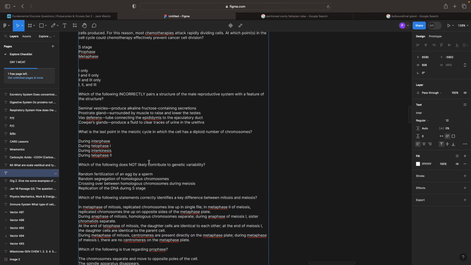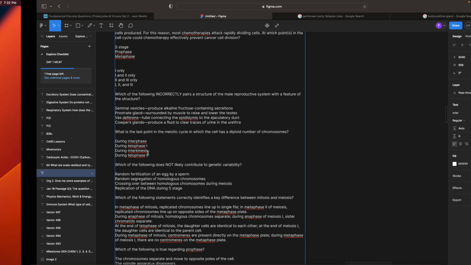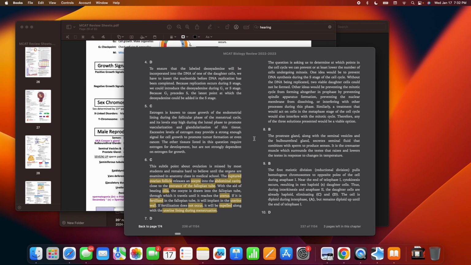Is this 9? The first meiotic division, the reductional division, pulls homologous chromosomes to opposite poles of the cell during anaphase 1. Near the end of telophase 1, cytokinesis occurs, resulting in 2 haploid daughter cells.